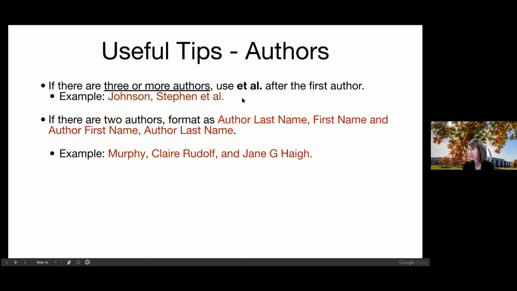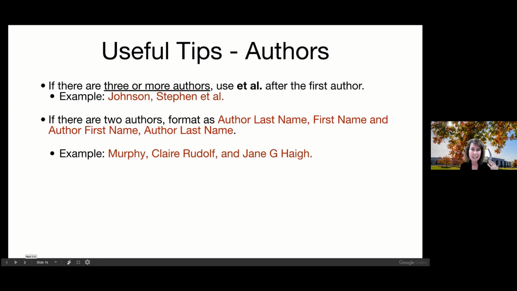So we've already talked a little bit about authors, about the 3 or more. And the format, if you had 2 authors, would be the author's last name, comma, first name, comma, and the second name would be like first name, here's an initial, last name.